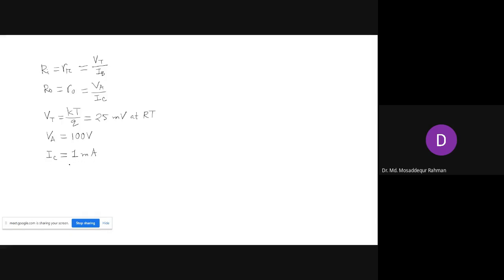So the IC is 1 milliampere, then what will be IB? IB will be IC by beta. Let's assume that this transistor has beta 100. Then IB will be 1 milliampere divided by 100, so that will give us 0.01 milliampere, right?